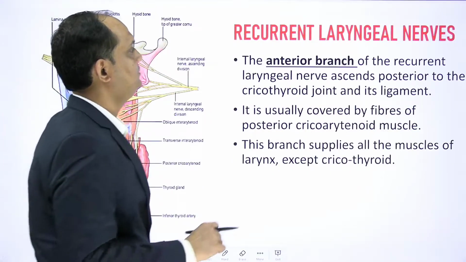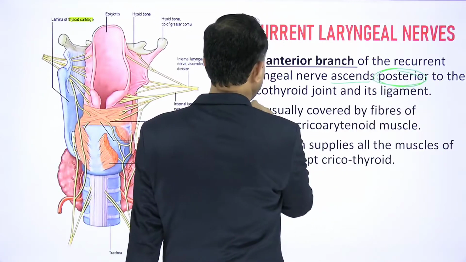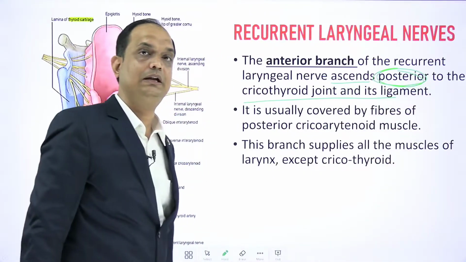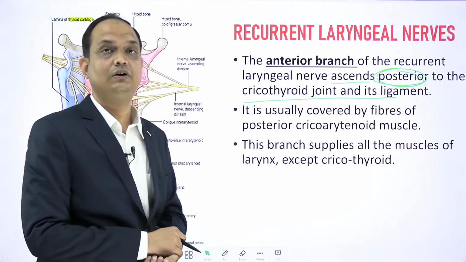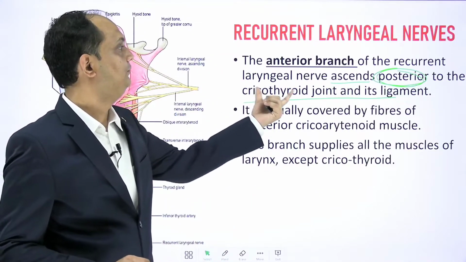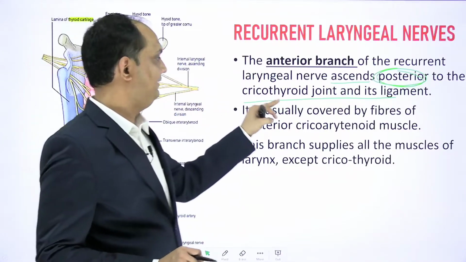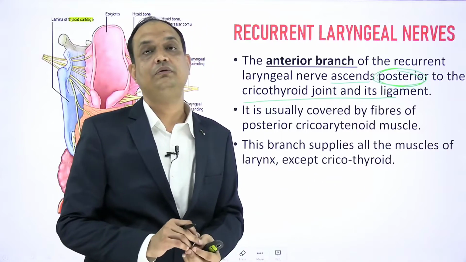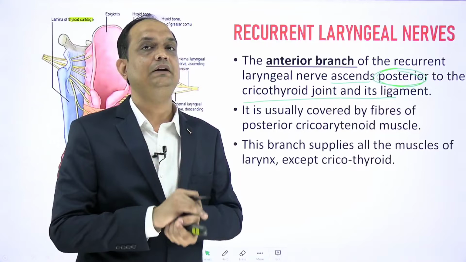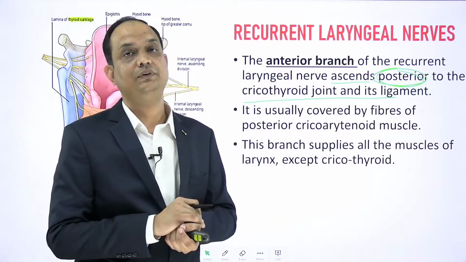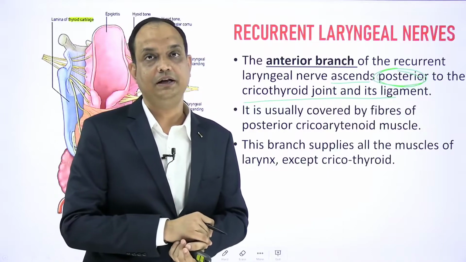The anterior branch of the recurrent laryngeal nerve ascends posterior to the cricothyroid joint. This is a very commonly asked question in exams: what is the relation of the cricothyroid joint with the recurrent laryngeal nerve? Because here you also have the attachment of the ligament of Berry, which you have seen is present on the posteromedial surface of the thyroid gland and is a modification of the pretracheal fascia.